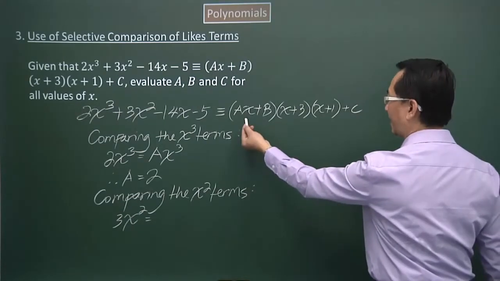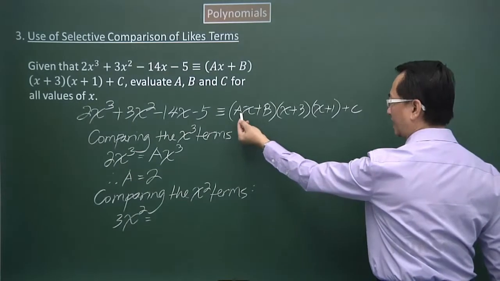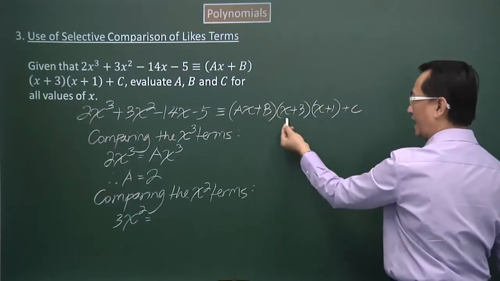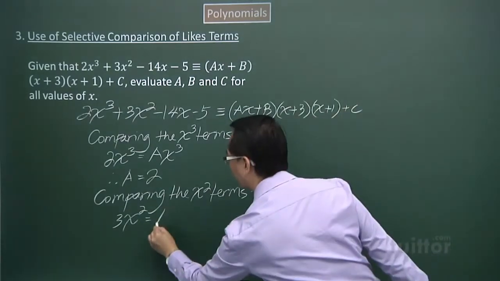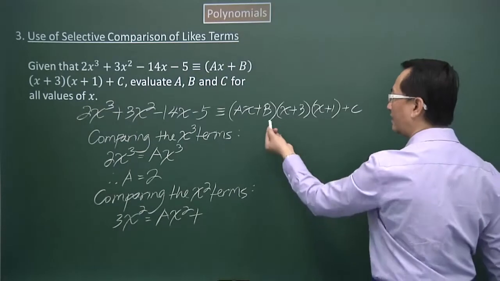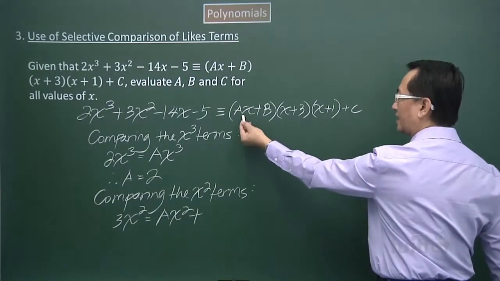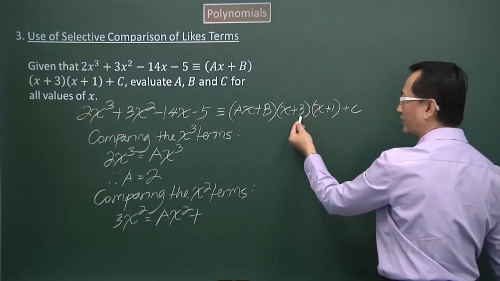On the right-hand side, if I need x squared terms, I would take ax times x times a constant. That will give me ax squared. Then, if I take ax times this x, I will have to multiply to the 3.